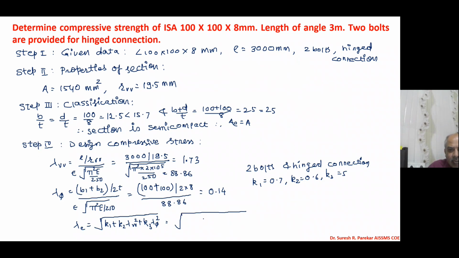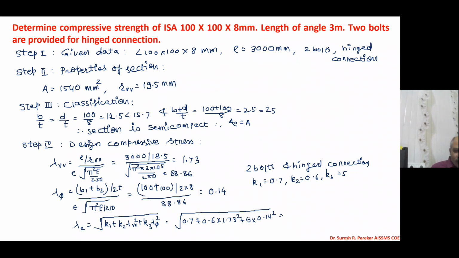So we have K1 0.7 plus K2 we have 0.6 into 1.73 square plus 5 into lambda phi 0.14 square.